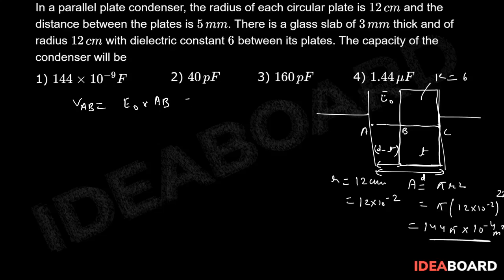So we can say E will be equal to sigma upon epsilon naught. We know that this is the formula for E into AB, that means D minus T, right?